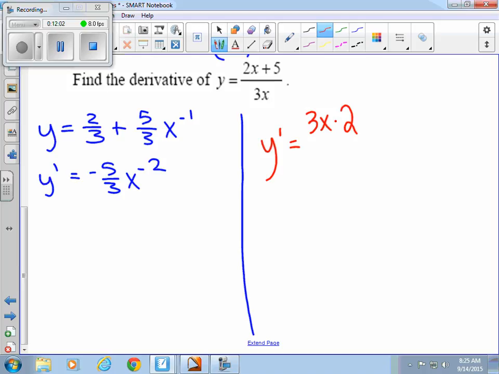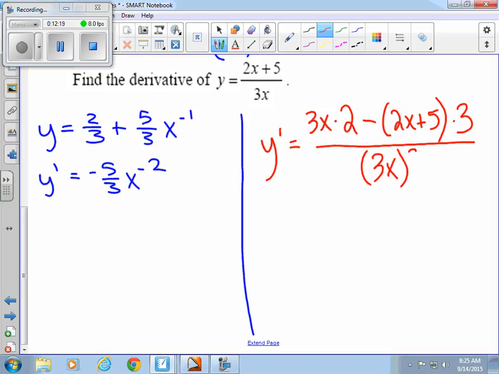And everyone see where she got that too. Bottom times the derivative of the top minus the top times the derivative of the bottom. What is the derivative of the bottom? All over the bottom squared. Do a little simplification.